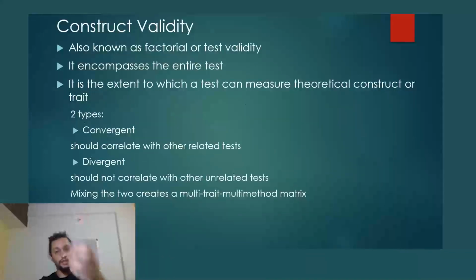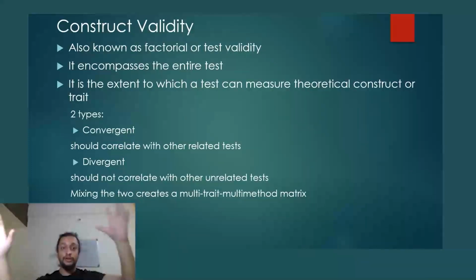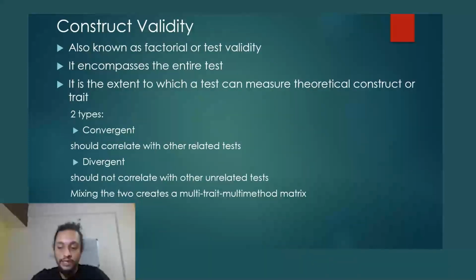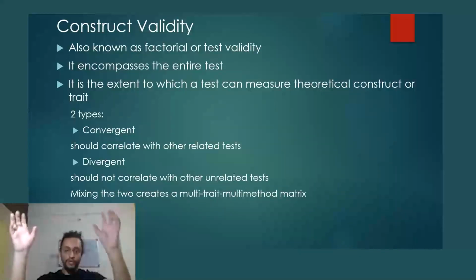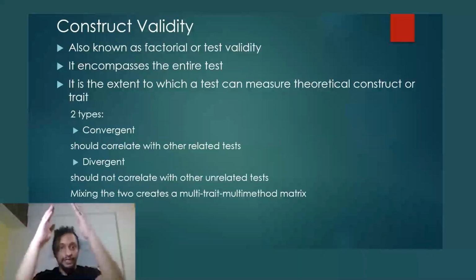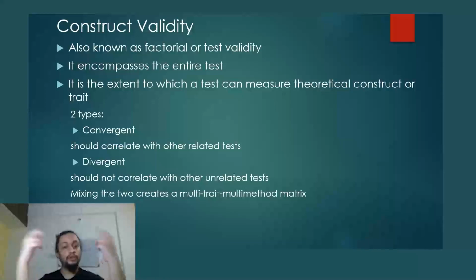Here, it's beyond the objective also. It needs to be able to understand an entire theoretical construct. So when, for example, Myers-Briggs made their personality questionnaire, the objective was to analyze personality, but it was to analyze personality from the Jungian framework of personality description. So how well is it doing that? That's construct validity.